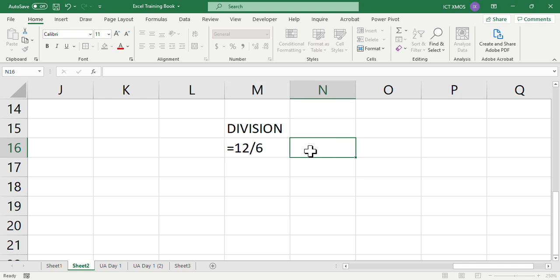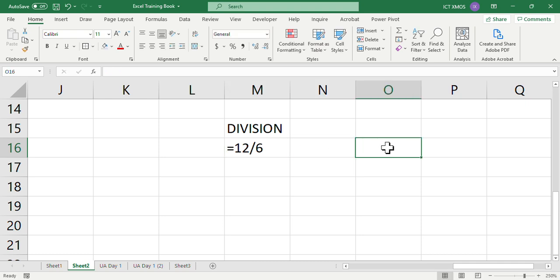In Excel, it will go. The next one can be 12 divided by the cell reference, we say N16.